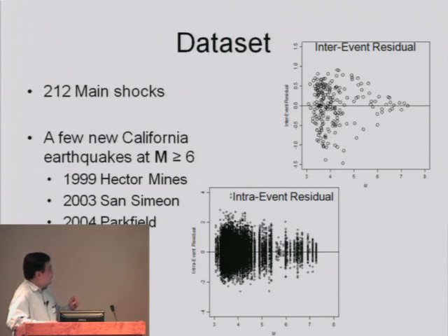And one thing I want to mention is that in this new data set, there aren't many new California earthquakes larger than magnitude 6 since the 95 study by Youngs et al. The 3 earthquakes that happened since 95 are Hector Mine, San Simeon and Parkfield. So at large magnitude, we basically have about the same data set as the Youngs et al. study.